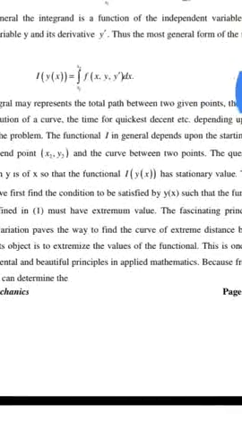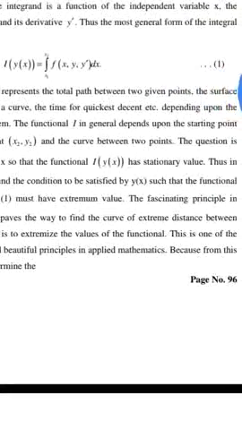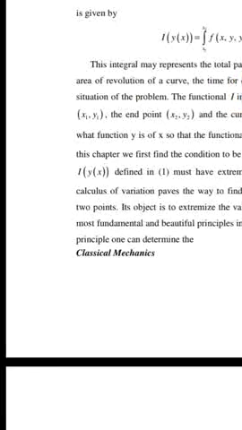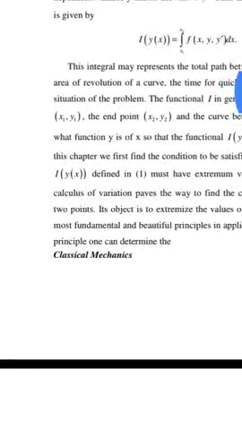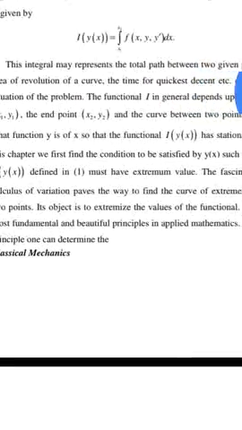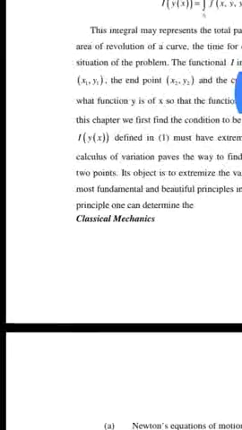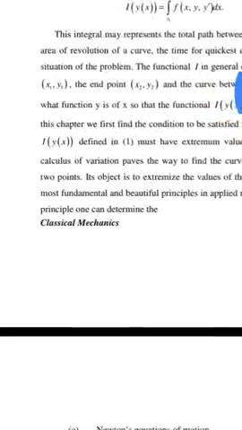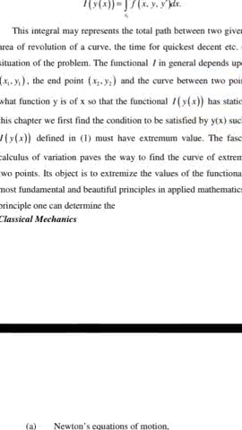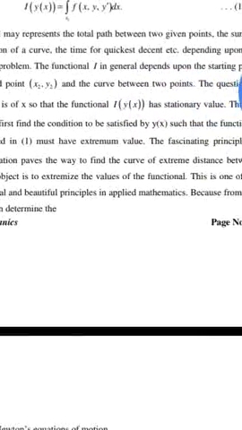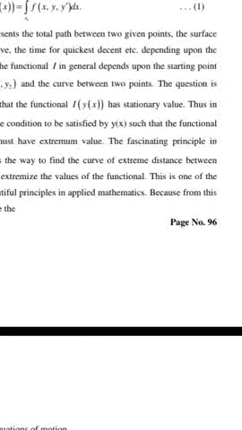The functional I in general depends upon the starting point x1 y1 and end point x2 y2, and the curve between 2 points. The question is what function y of x makes the functional I of y of x have a stationary value.